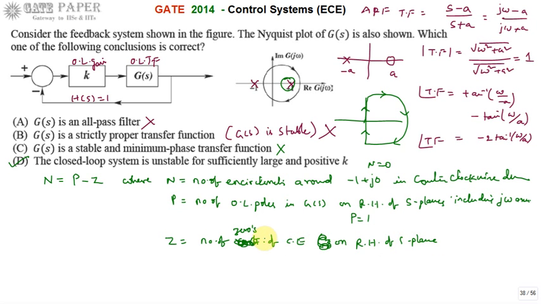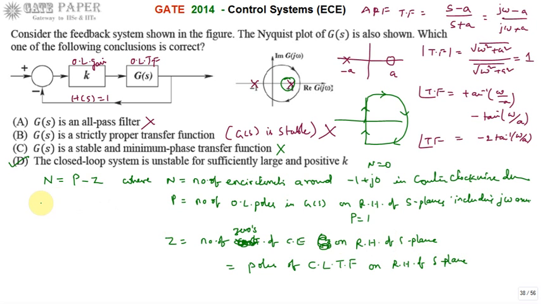Zeros of the characteristic equation are the same as poles of the closed loop system. Remember that, this is very important. Zeros of the characteristic equation are the same as poles of the closed loop transfer function on the right hand side of S-plane. So we are only considering the right hand side of S-plane.